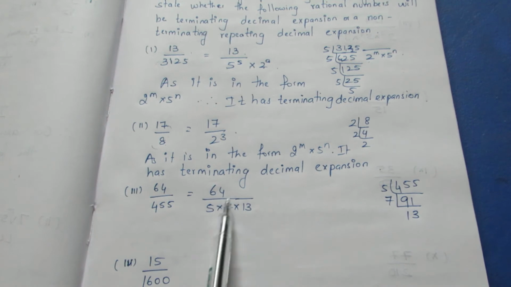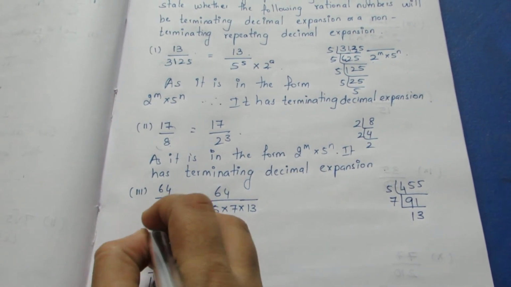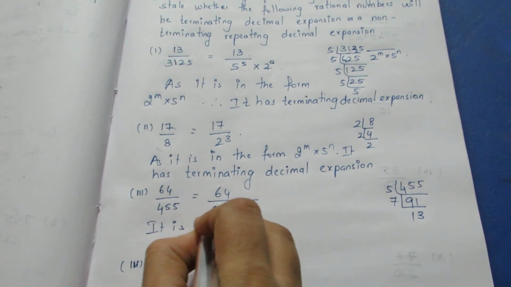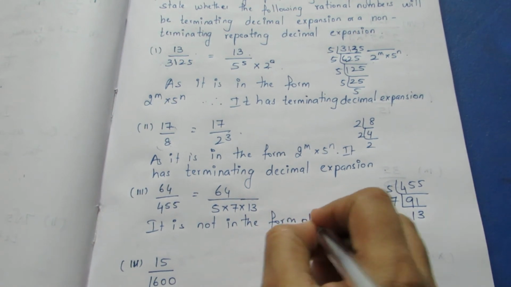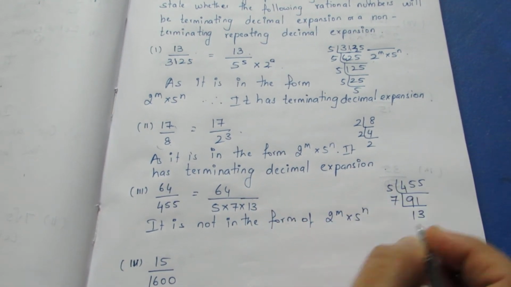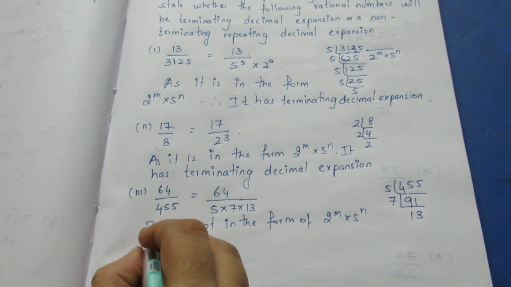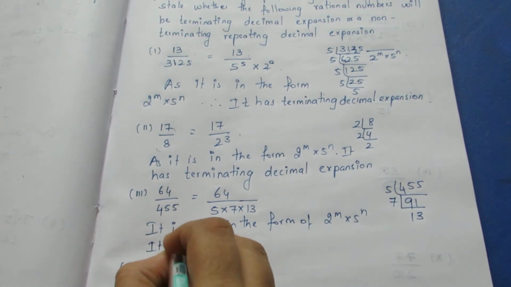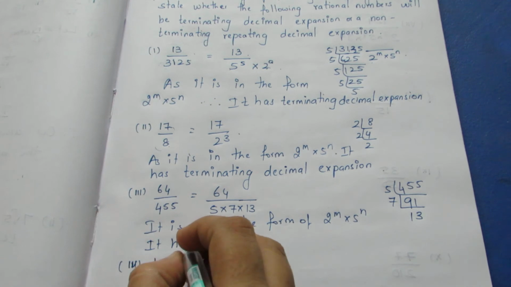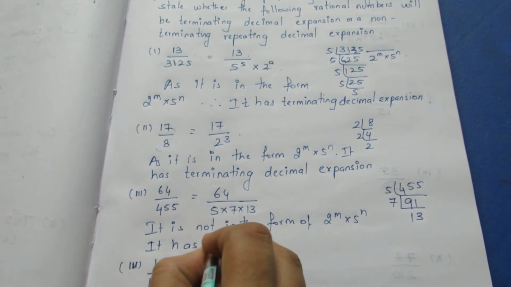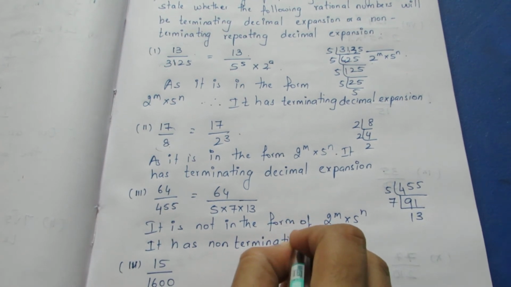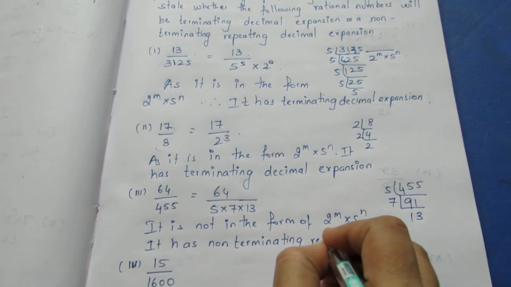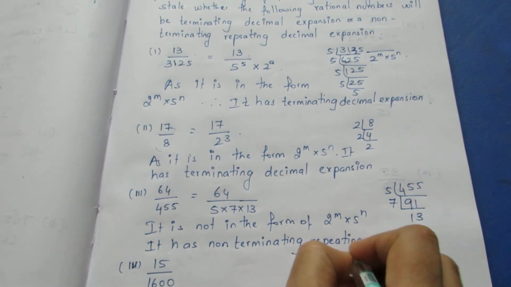There is no 2 over here and there are other numbers besides 2 and 5. So it is not in the form of 2 power m into 5 power n. It has a non-terminating repeating decimal expansion.